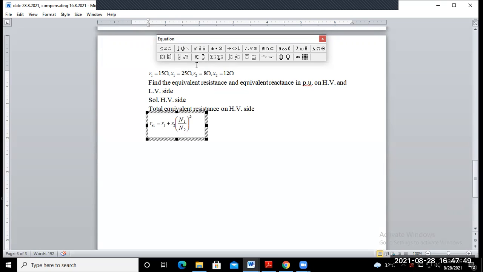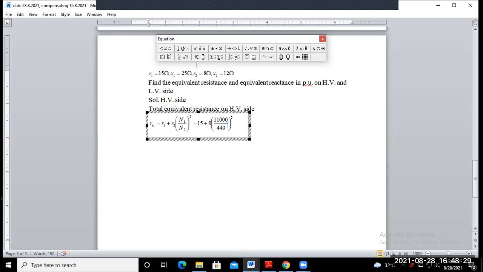So just put here R1 given as 15 ohm, plus R2 given as 8, into N1 by N2 whole square. So N1 by N2 is 11,000 divided by 440, whole square.